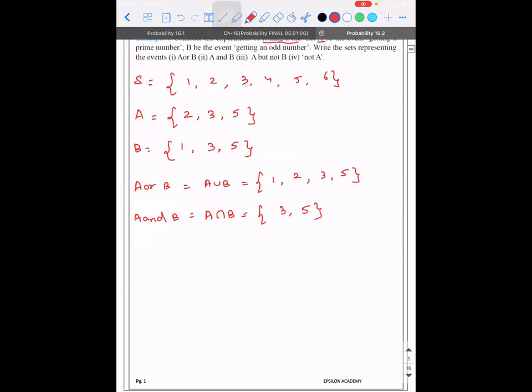A but not B. That is A intersection B dash. So what is B dash, guys? 2, 4 and 6. Or I can say whatever is there in A which is not there in B. So what is A intersection B dash?